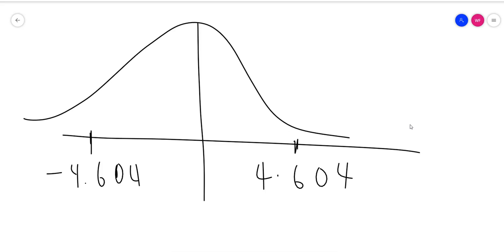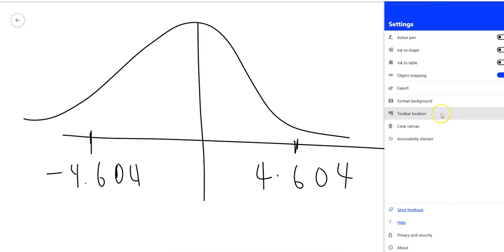Now let me just do one more example. They might ask, instead of alpha being 0.01, they often might ask alpha equals 0.05. So let's say alpha equals 0.05 instead of 0.01. Instead of 5 matched pairs, let's say that there's 7 matched pairs.